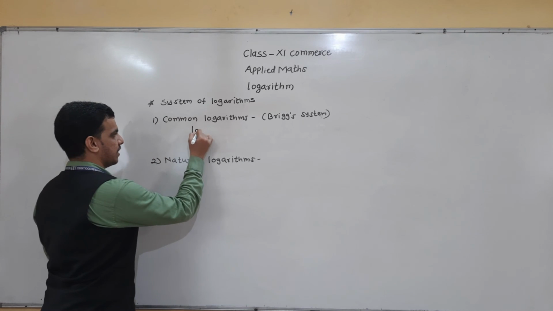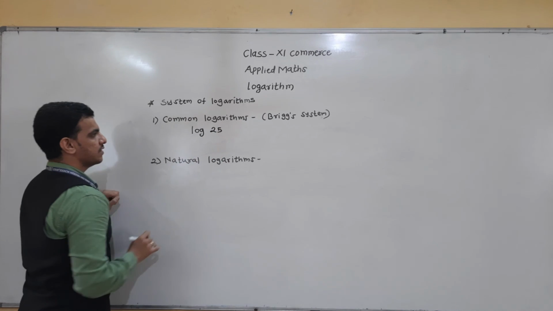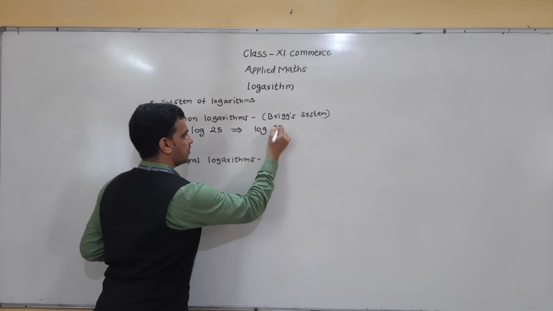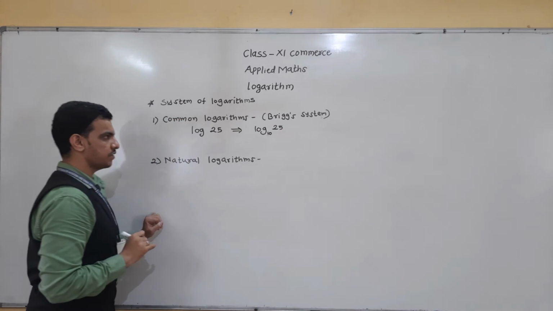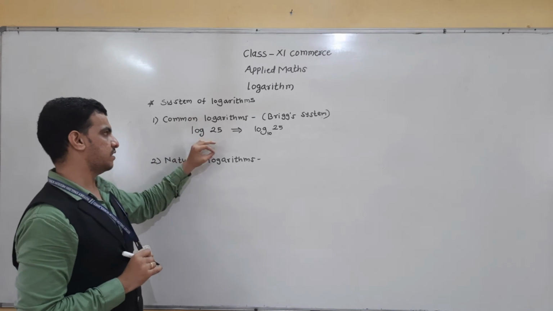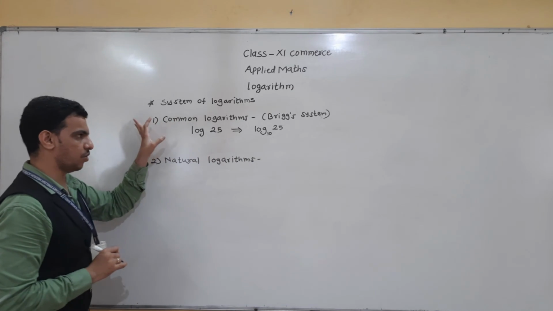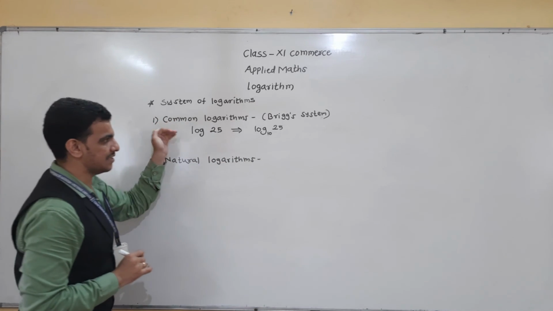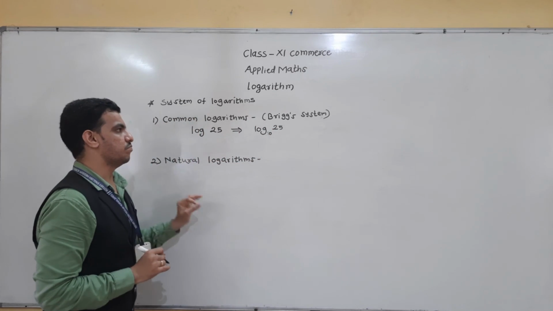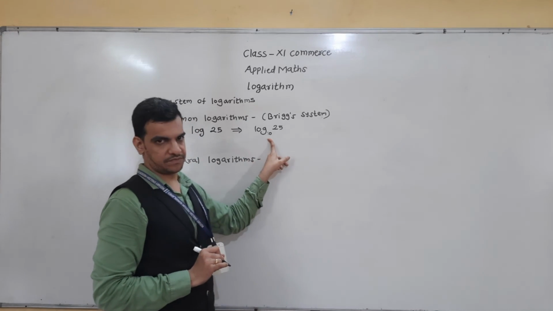So suppose it is given like this, log of 25, then it means log 25 to the base 10. If the base is not mentioned, we consider that base as 10. This is called common logarithms, and in this lesson we have to use common logarithms.